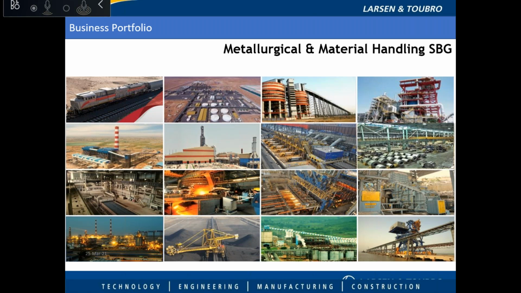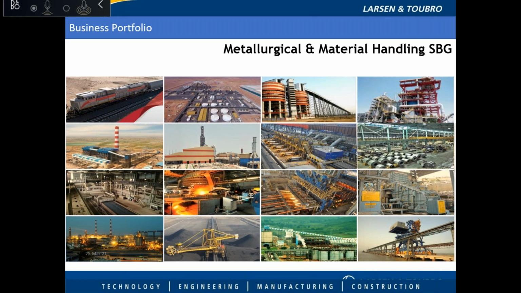We are making iron making plants like blast furnace, then SMS, steel melt shop, and power plants. We are also in the manufacturing business of heavy equipment like crushers, surface miners and sand plants. So this is all about MMH and L&T.